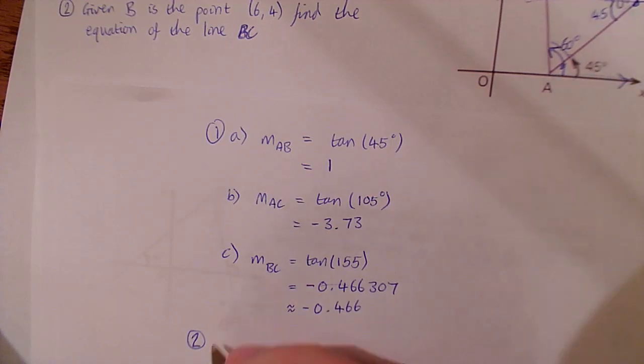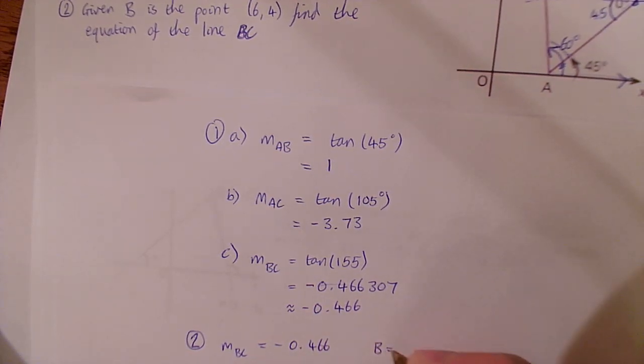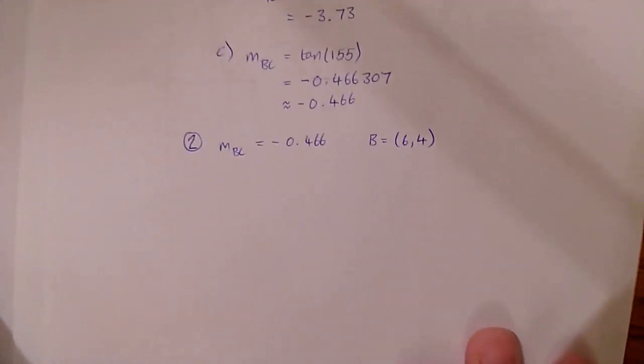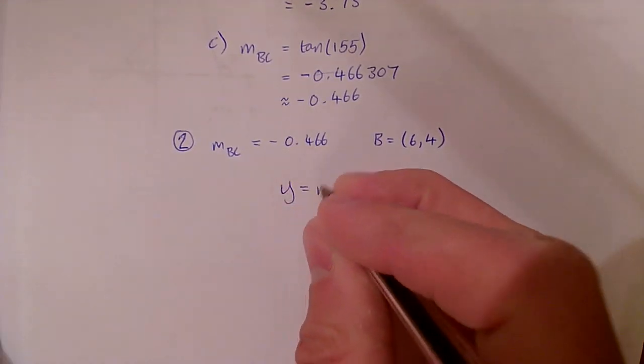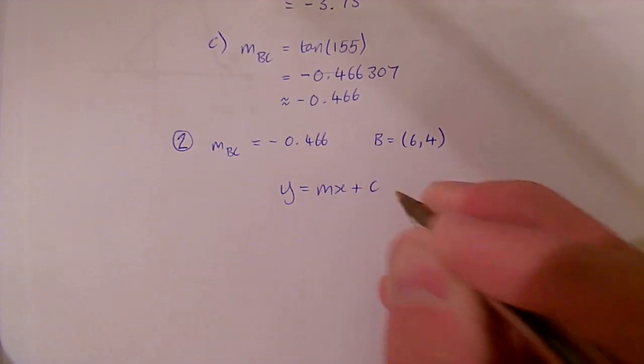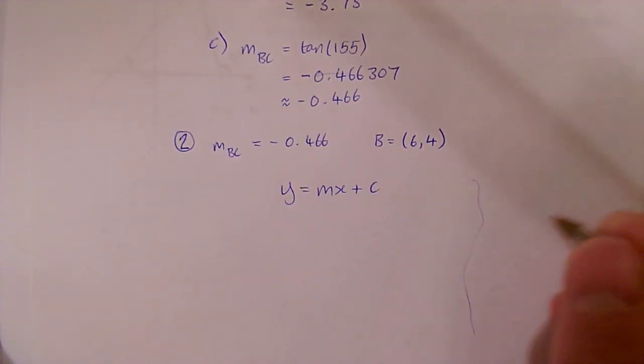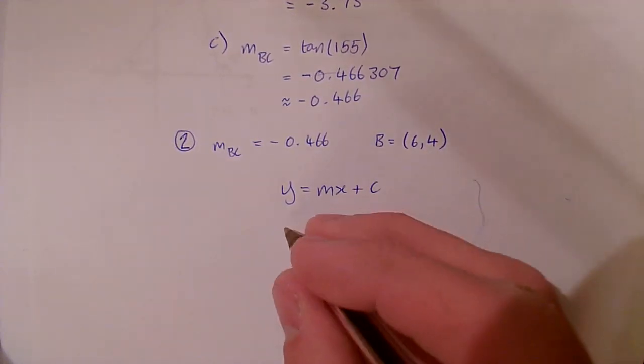Well, to find the equation of the line, we know that the gradient of BC equals minus 0.466. We know that B is the point (6, 4). Well, if we know a gradient and a point, then we can find the equation of the line using y equals mx plus c. Or, in a minute, I will do the other version. You only need one of these two.